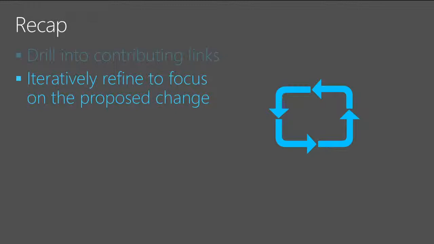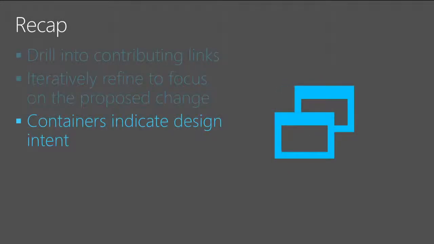I performed multiple find all references to narrow down and see where exactly the changes are being made so that I can understand the impact. You could do additional operations also. You may want to look at all the base types or the derived types to understand how that is getting impacted by what we are proposing to change here. And I talked about how every time we add a component, we draw its containers so that you are kept in context.